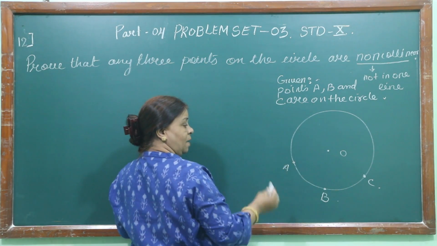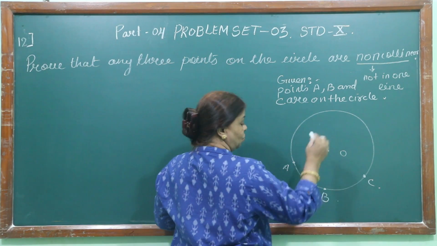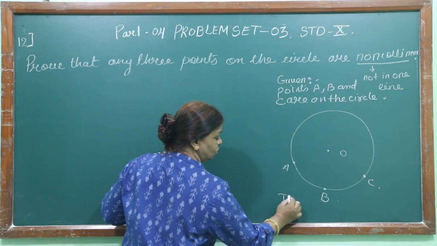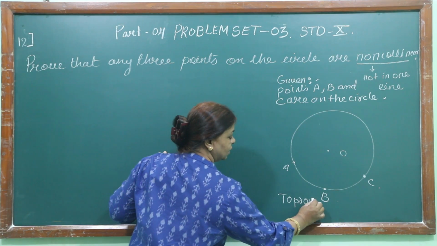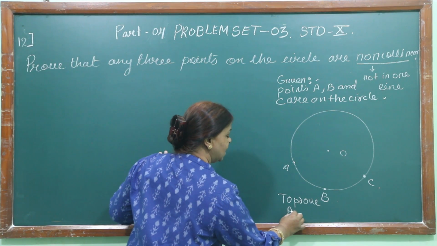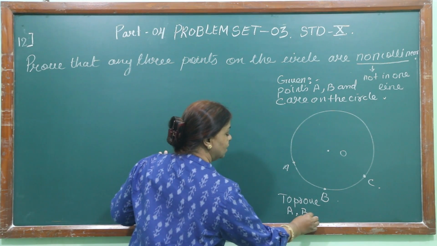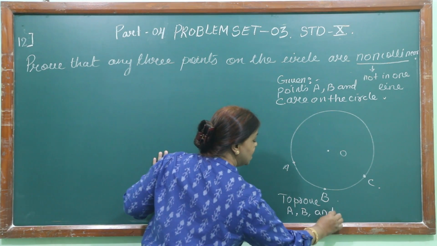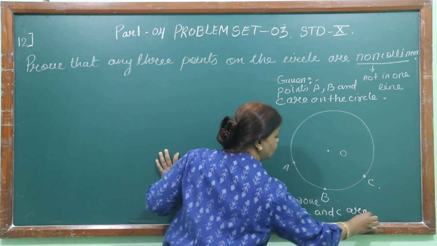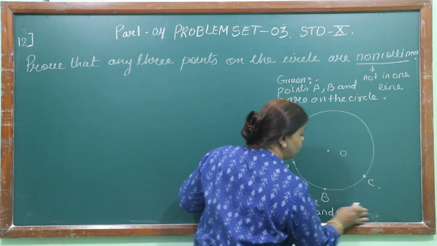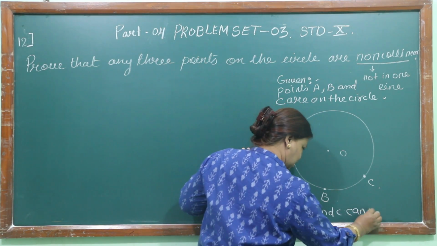It is given. What we want to prove? We want to prove that A, B and C cannot be in one line.